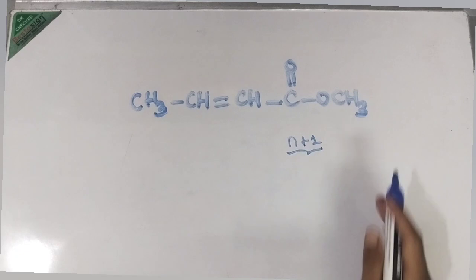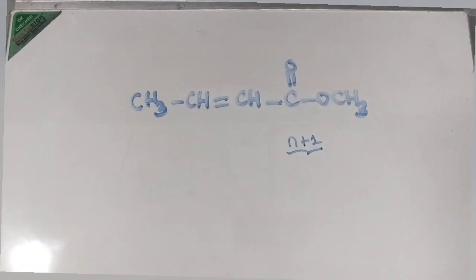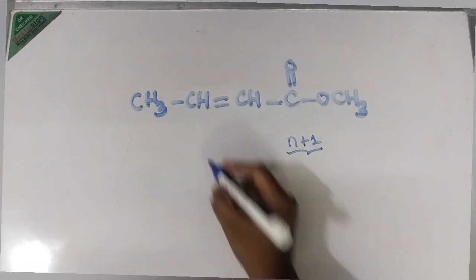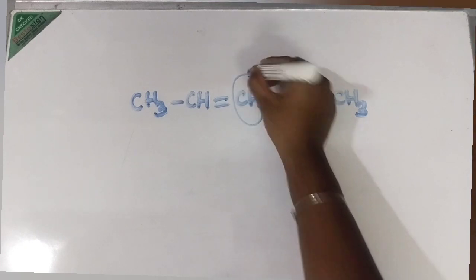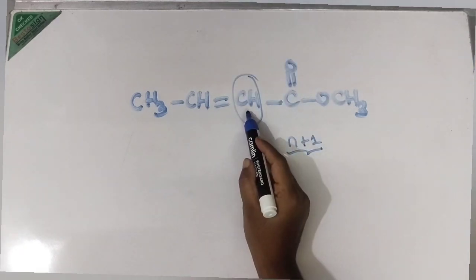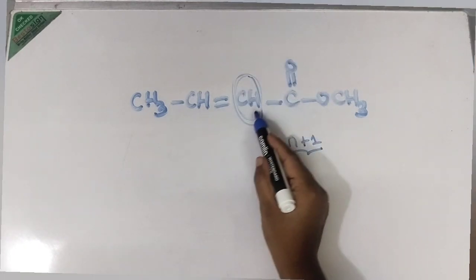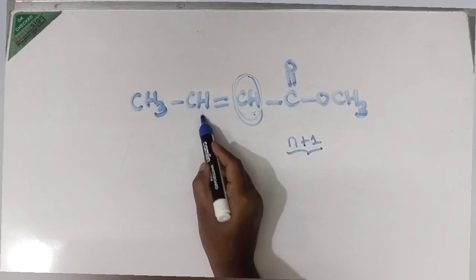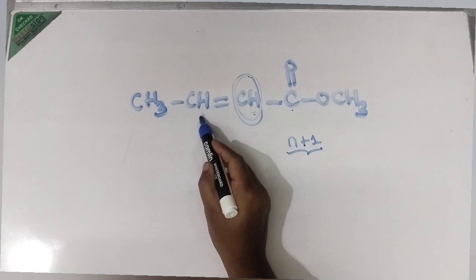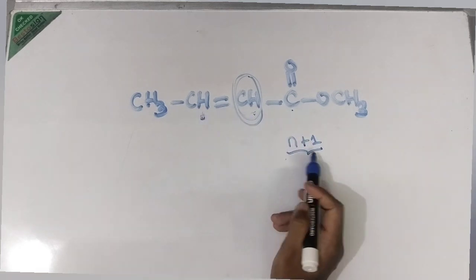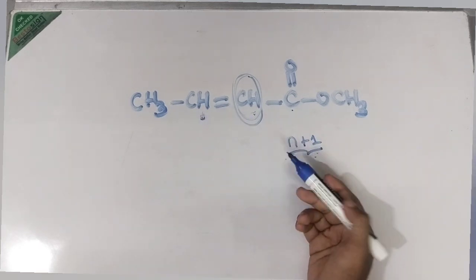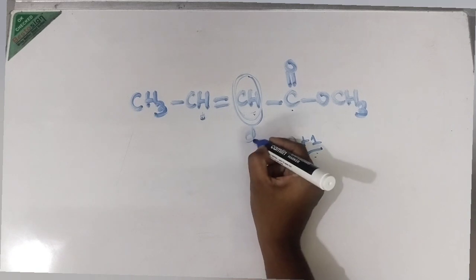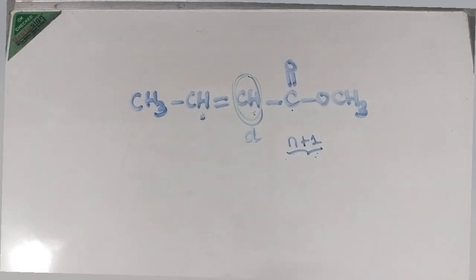For example, if you want to find the multiplicity of this compound in proton NMR, for this hydrogen, you look for the neighboring protons. There is only one proton here, and no proton on the other side. So, n plus 1, 1 plus 1, it is 2, doublet, okay? This is how you find it in proton NMR.